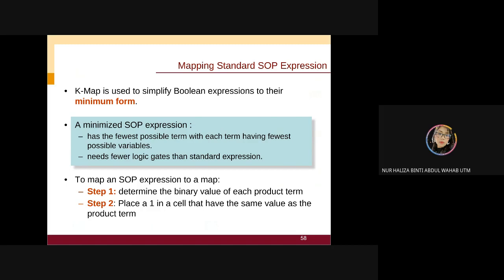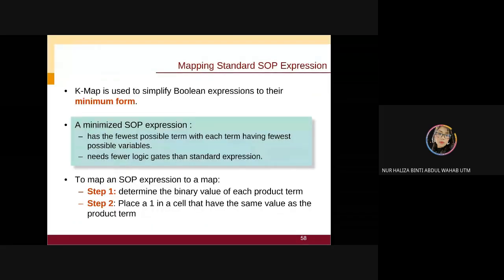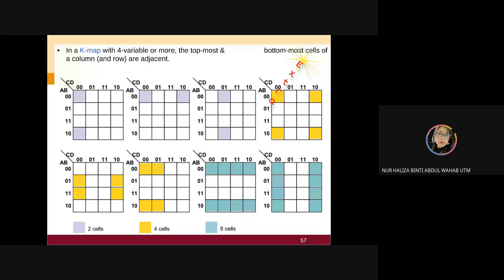After you know the adjacent, before you go for grouping, you will use it for grouping the value of output. If it is 1, then you group it. If it is here 1 and 1, then you can group like this. That's why you need to know that it is adjacent to each other.